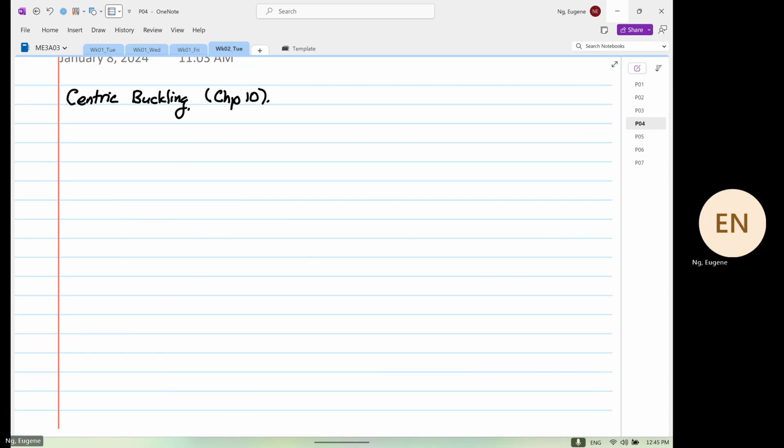Now, what do we mean by buckling? Do we always need to design structures so that they do not buckle? I think I showed this to you guys when I was doing 2P04 or 2Q04. This piece of paper. Who makes paper?